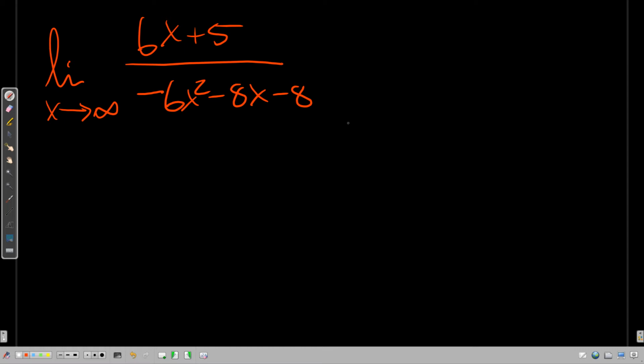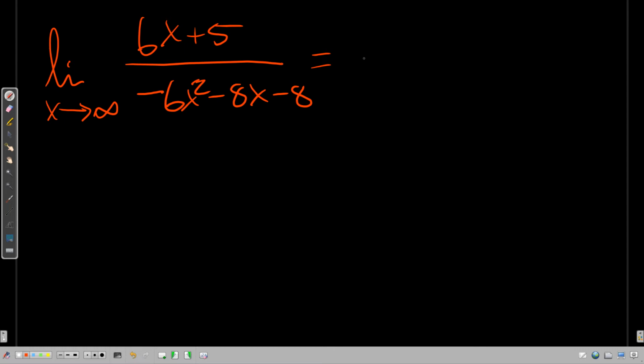This is a limit at infinity, and so, like we talked about in class, you can determine what the behavior of that thing is at infinity by just looking at the bosses of this rational function, right?